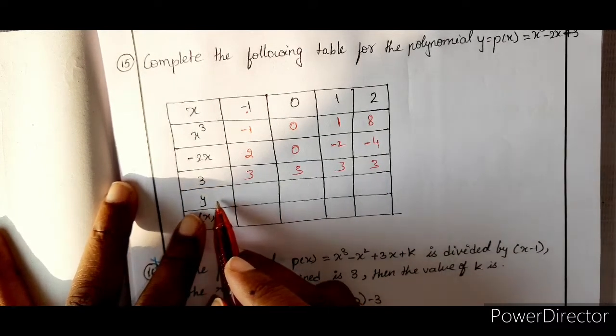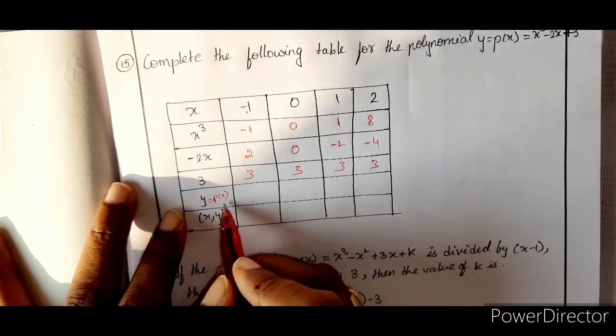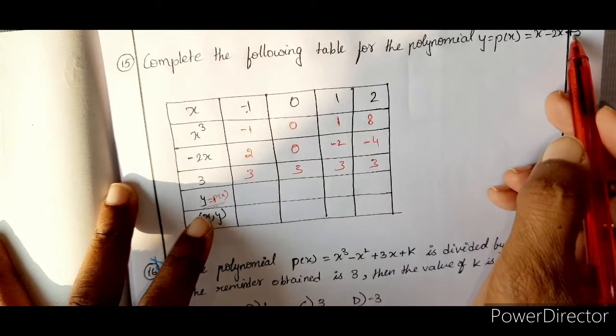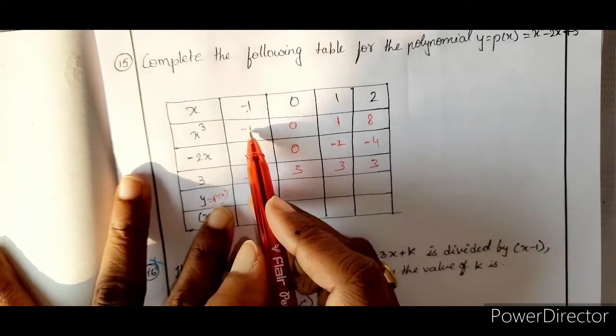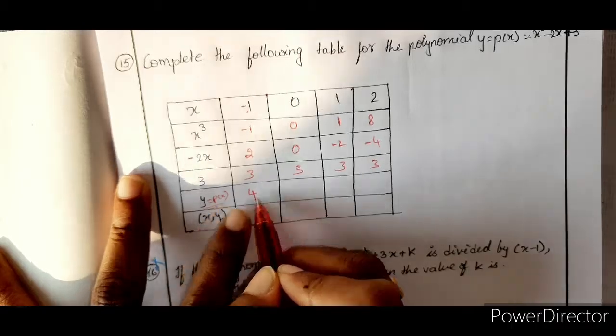Now y value, what is y is equal to? Y is always p of x. What is p of x? X cube minus 2x plus 3. That means adding all these you will get p of x. That is minus 1 plus 2 plus 3, 5 minus 1 is 4.